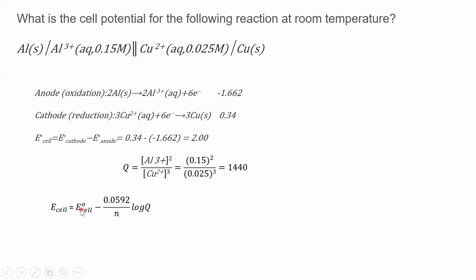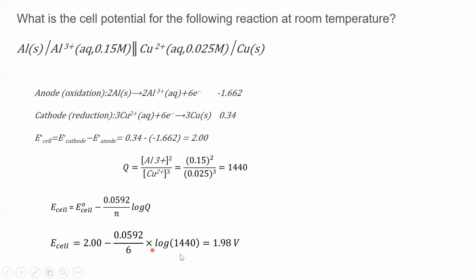We would plug in the voltage if the cell was at standard conditions, which is 2.00. We would substitute in 6 for N because 6 electrons are being lost and 6 electrons are being gained in this equation. And we'd substitute in 1,440 for Q.